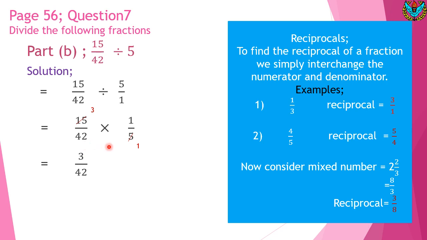This 42 and this 1, we get 42. This 3 by 42 is not in lowest terms because both of them are divisible by 3. So divide this 3 by 3, we get 1. Divide this 42 by 3, we get 14. Our required answer is 1 by 14, which is in lowest terms.